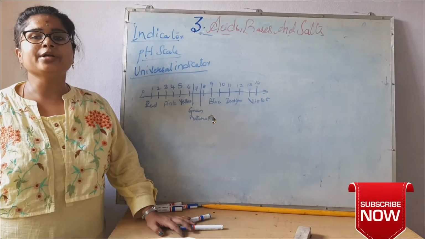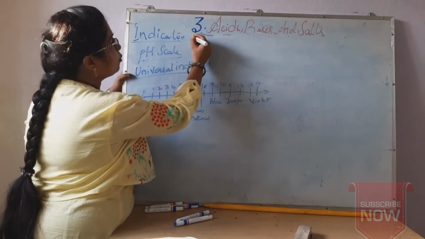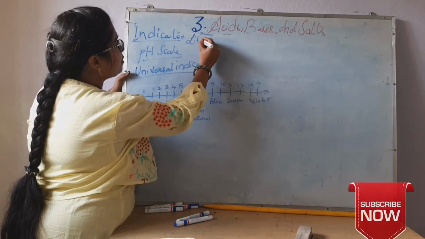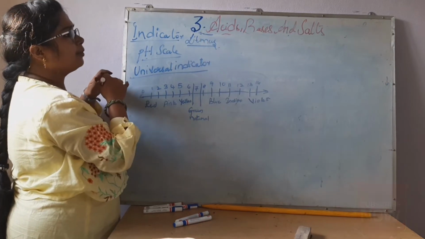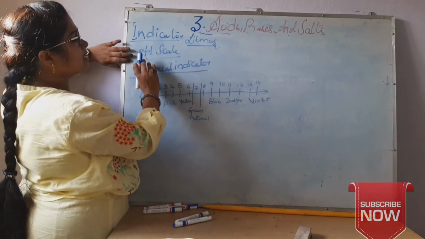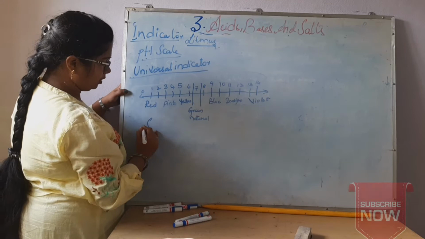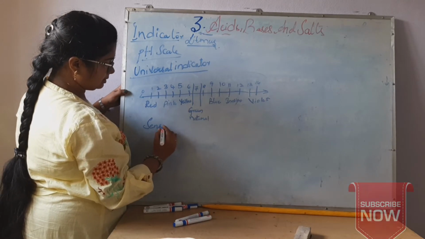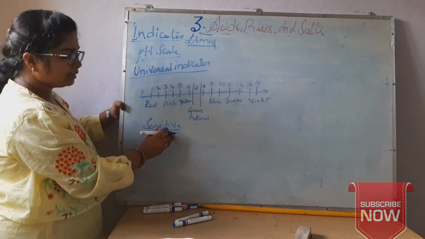Here we are going to learn about another indicator. You know, litmus papers change their colors when put in acid or a base. Another scale is there which is more sensitive than litmus papers and all indicators.